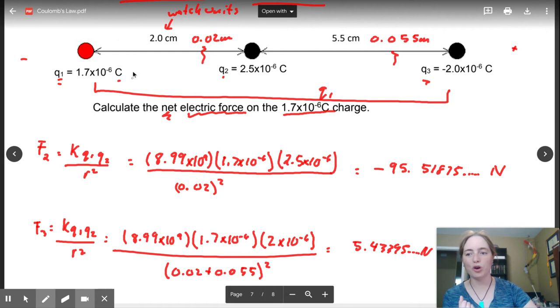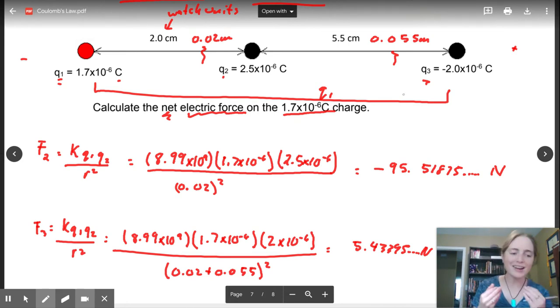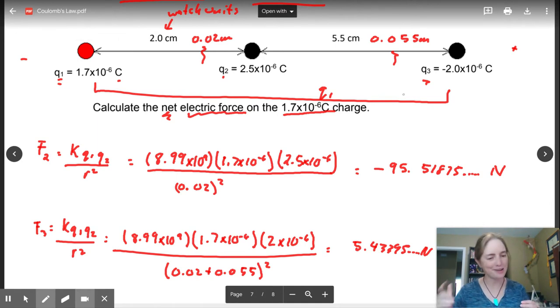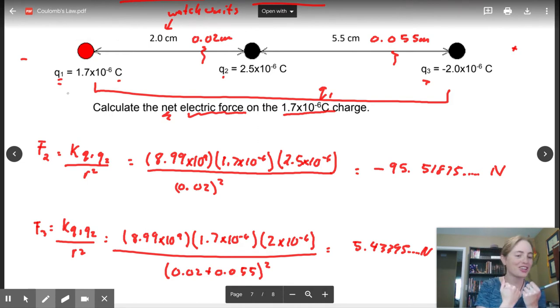Now let us go back and think about our direction. So we've got Q1 here, which is a positive charge. We've got Q3 over here, which is a negative charge. We are focusing on how Q3 is going to impact Q1. Well, because Q3 is negative and Q1 is positive, Q1 is going to be attracted to Q3. So it is going to be pulling Q1 towards Q3.